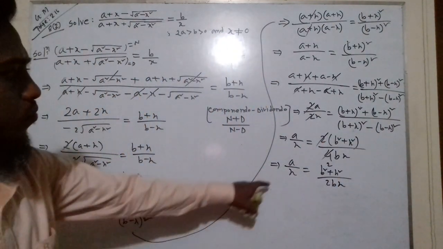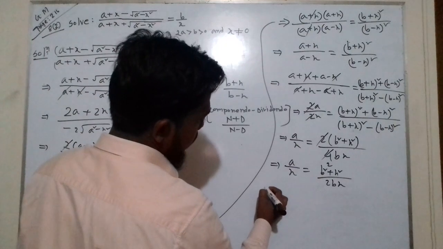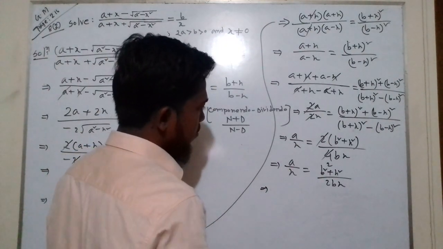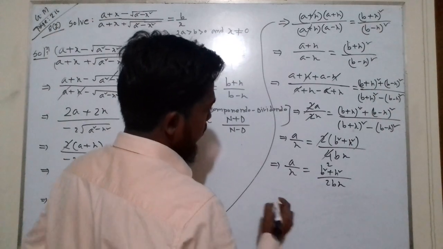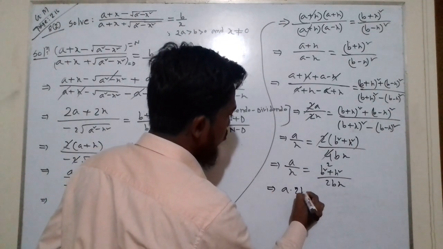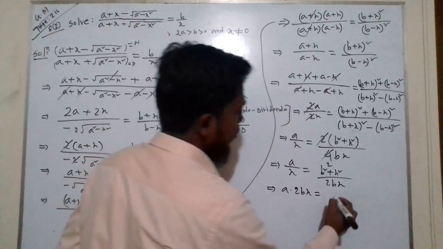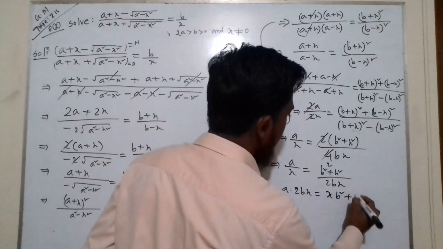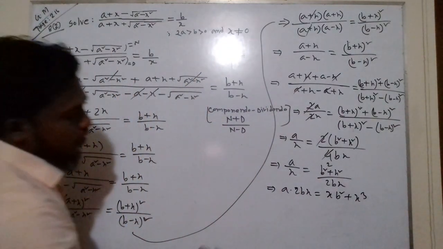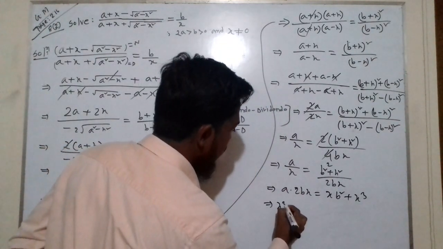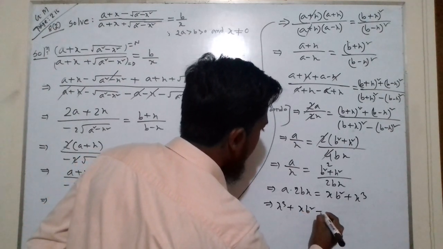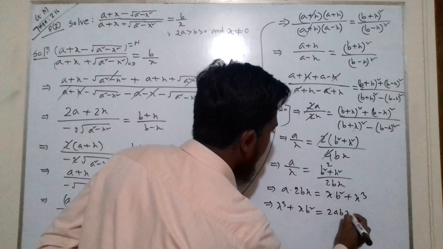Now cross multiply this equation. A into 2bx equal to x b square plus x cube. Now we can write x cube plus x b square equal to 2abx.